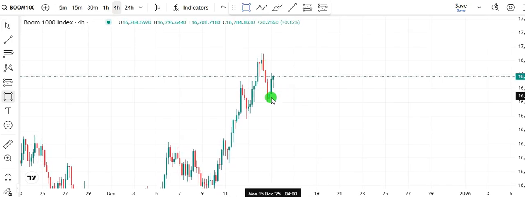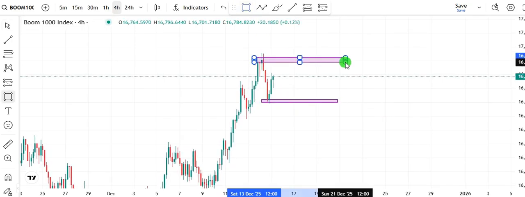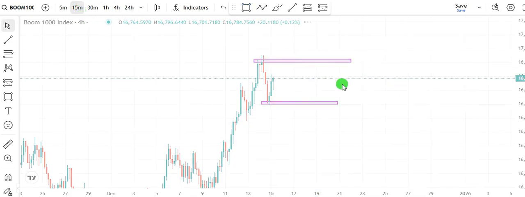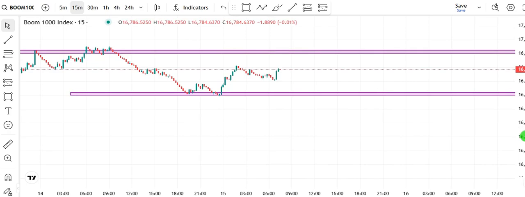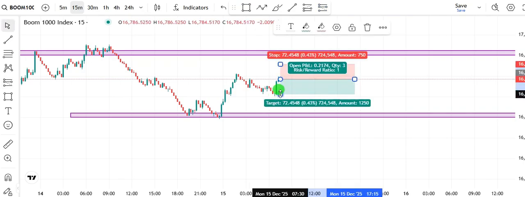So on Boom 1000, here is the recent low, recent high. Let's see if we can see any break of structure, since the market likes to move back here. Yes, we actually see that. But if you're going long on this market, you're going in around here, and the stop is going to be somewhere around here.